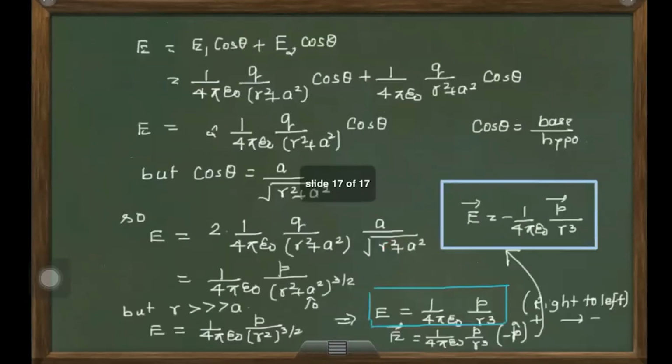One more important thing: we have to put the value of cos theta from the figure which we have made, that is a divided by under root r square plus a square. Finally, you will get the final answer by taking a very small compared to r, and then you get the formula.